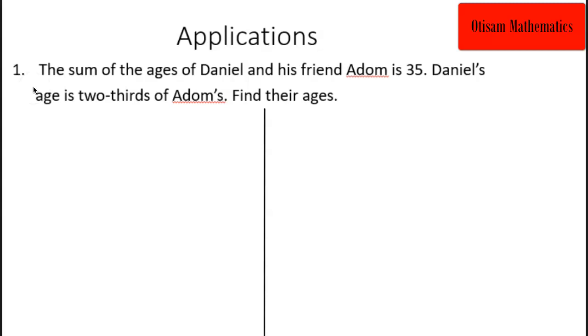The sum of the ages of Daniel and his friend Adam is 35. Daniel's age is 2/3 of Adam's. Find their ages. Well, we don't know the age of Daniel and then his friend Adam.